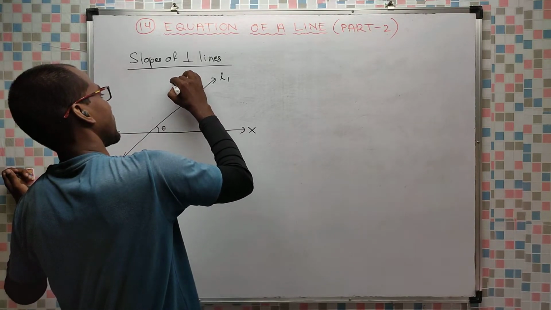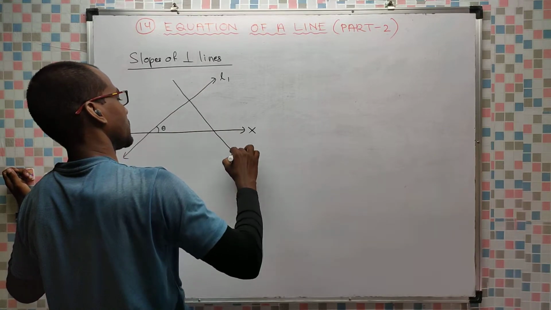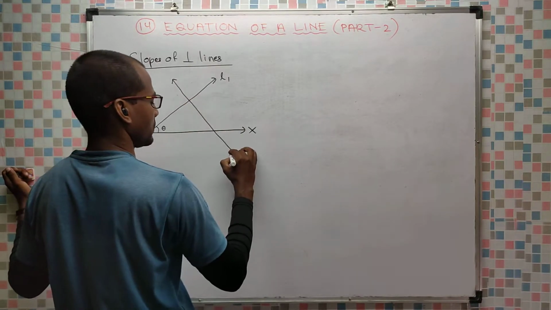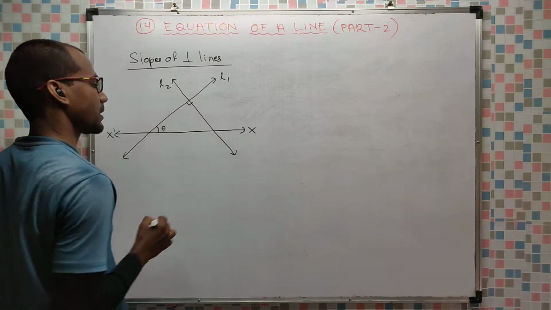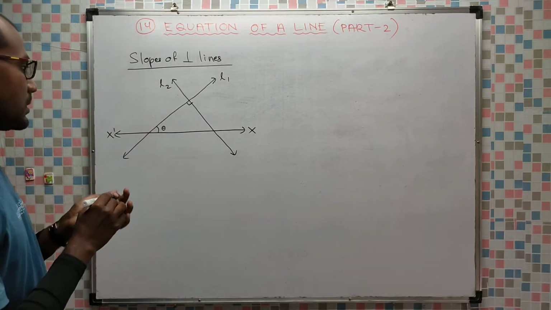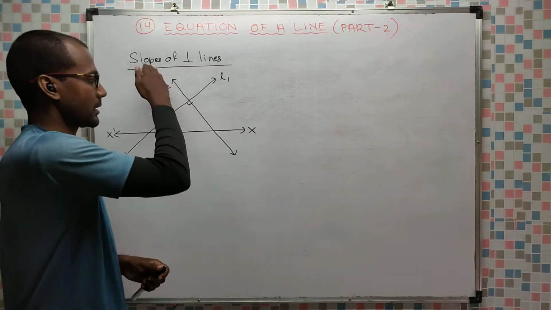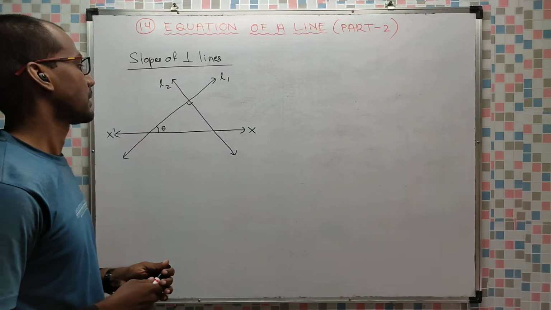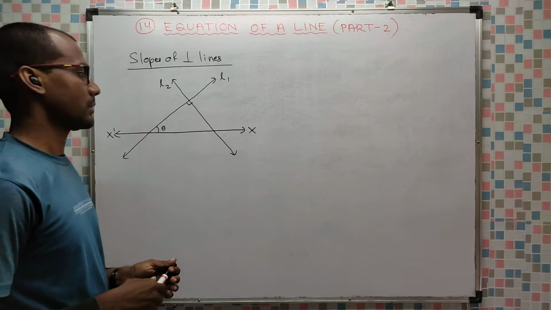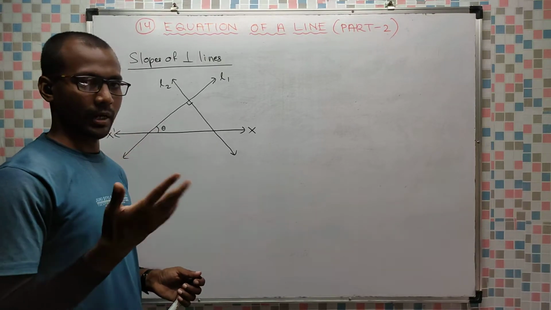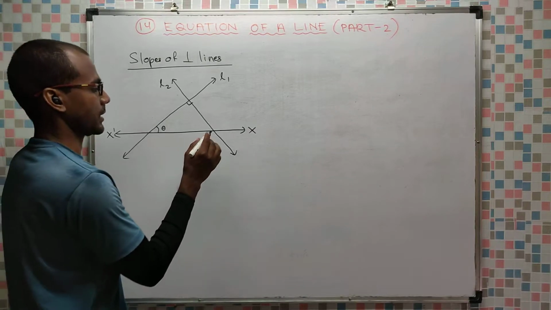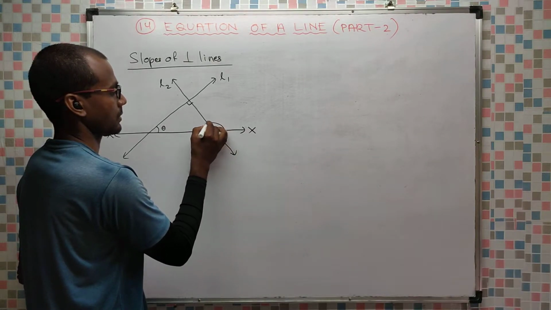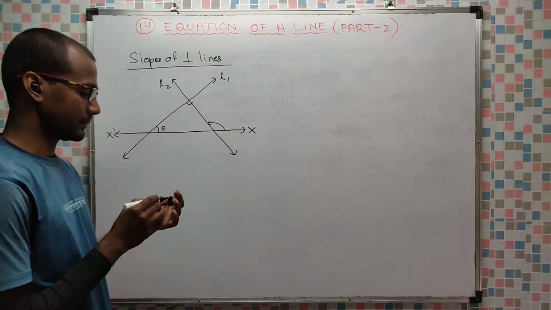Now there is another line which is perpendicular. This is line L2, this is 90 degrees. It is moving down. You can see this line is moving down. Now what will be its angle of inclination? Anti-clockwise direction.